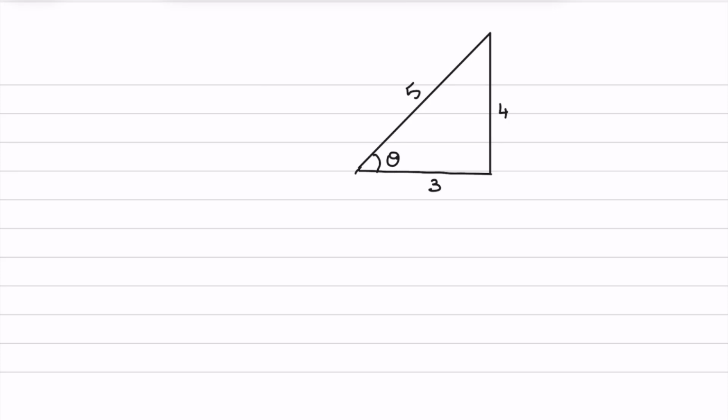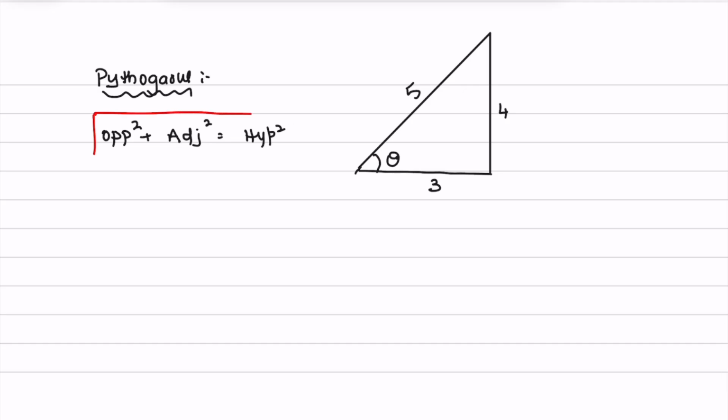And it is theta. Now, from this triangle, it is the famous Pythagoras theorem, in which opposite side square plus adjacent side square is equal to hypotenuse square. And famously, it was used for 3, 4, 5.